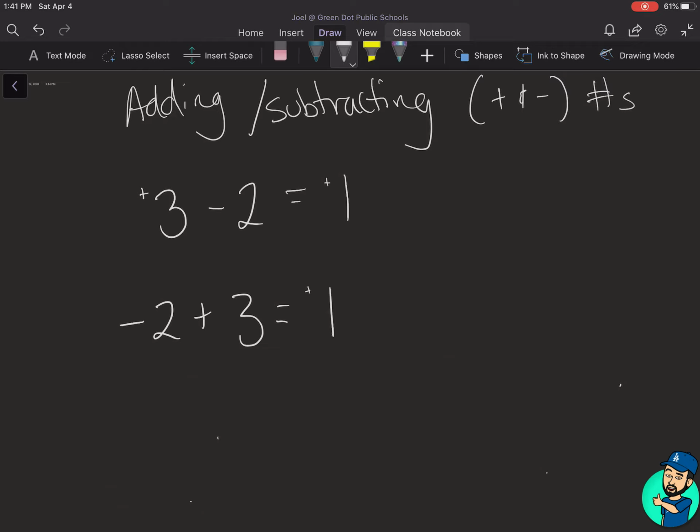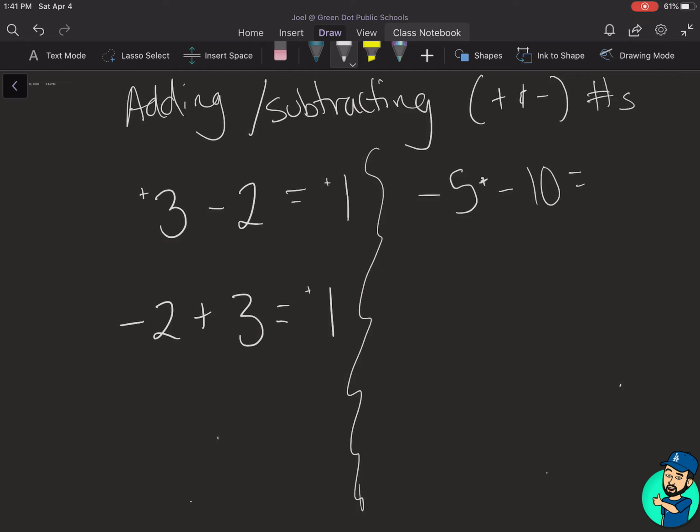Now let's do the other one. What if I had something like this? Oh, negative 5 minus 10, you can read it just like this. Negative 5, negative 10. Right? Same thing. Look, if I put a little plus sign right here, what does that tell you?